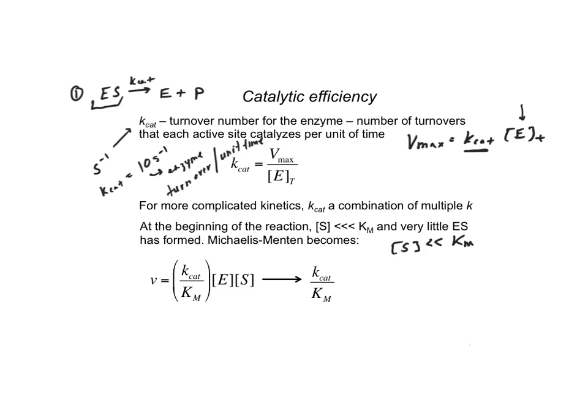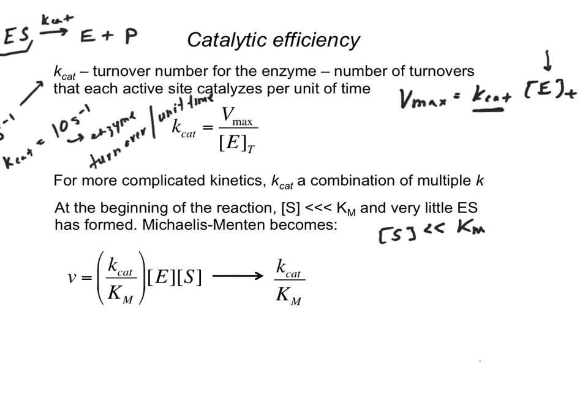In this case, total enzyme is essentially going to be equal to free enzyme, right? If there isn't very much substrate, then not very much enzyme substrate complex is going to have formed. So pretty much all of the enzyme is in the form of free enzyme.